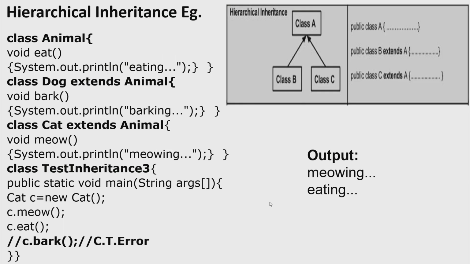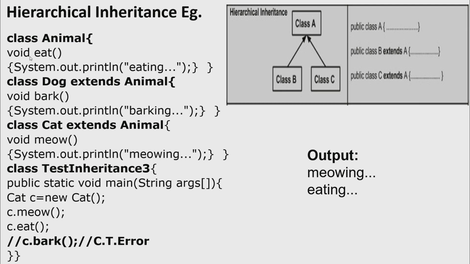Next one, hierarchical inheritance. Hierarchical inheritance means deriving two or more classes from one base class. Here class B and C will get derived from class A. See, the example: I have declared one base class called animal.